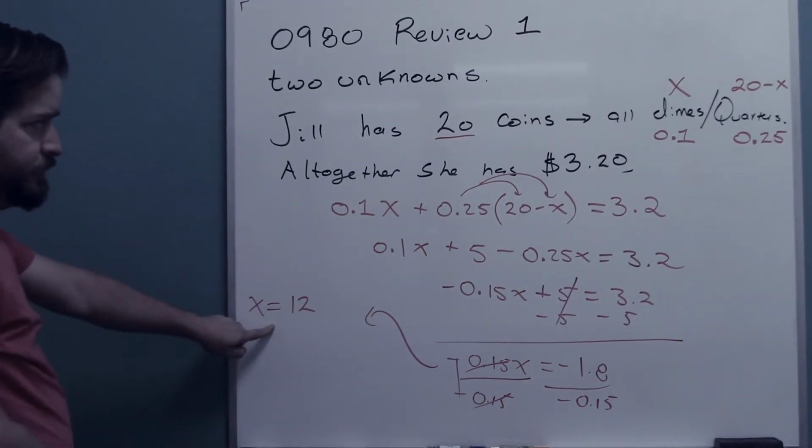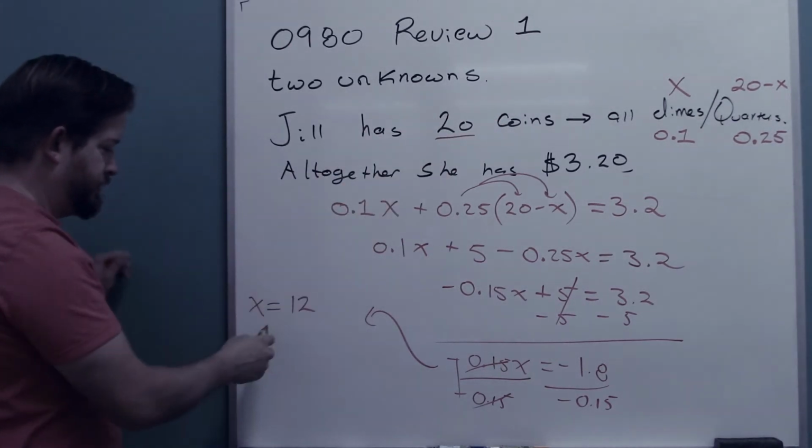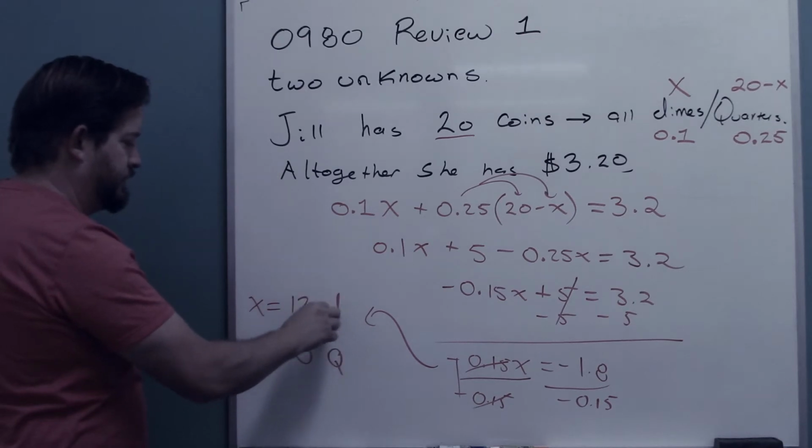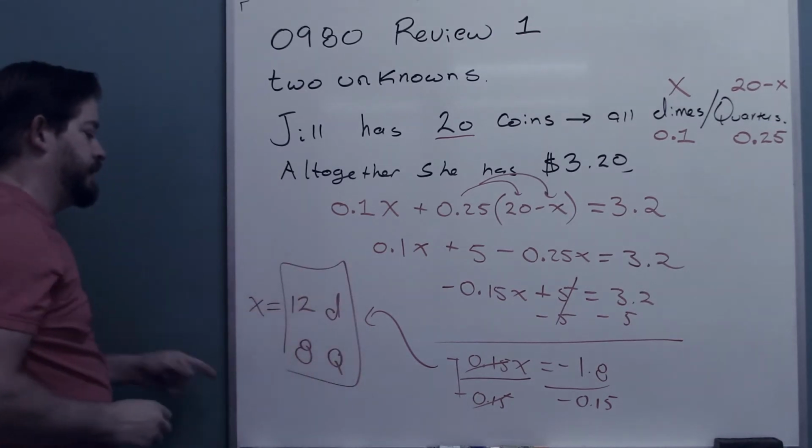And since there's 12 dimes, 20 minus 12, which is 8, there's 8 quarters. So that would be your answer, 12 dimes, 8 quarters.